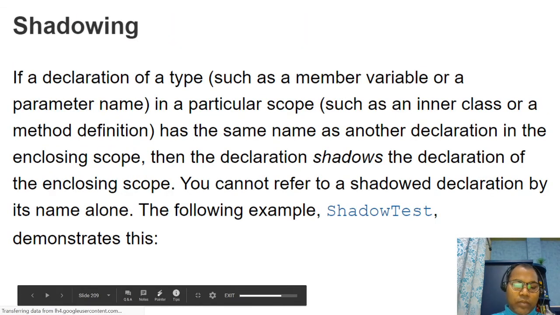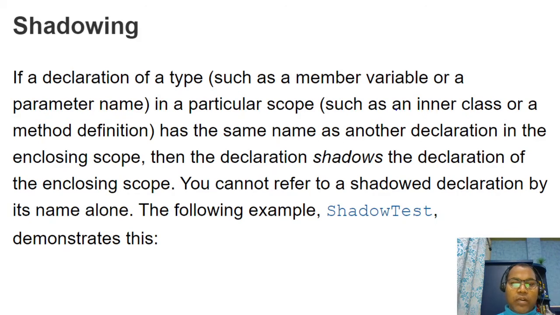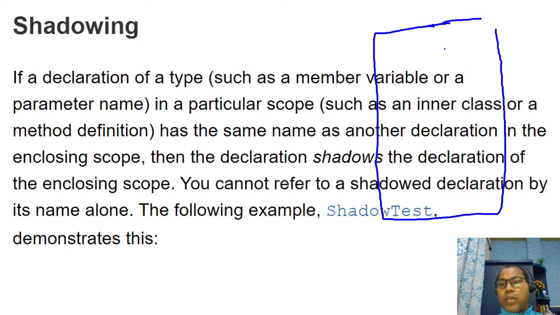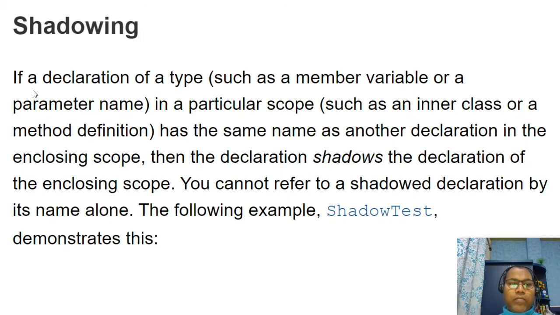Sometimes we have some kind of variable shadowing. For example, the top level class creates some variable x, and similarly inside the inner class you create variable x. So which one will be accessed inside your methods: local, top level, or instance level? This is the shadowing concept. Let's first read it out, then I'll take an example.